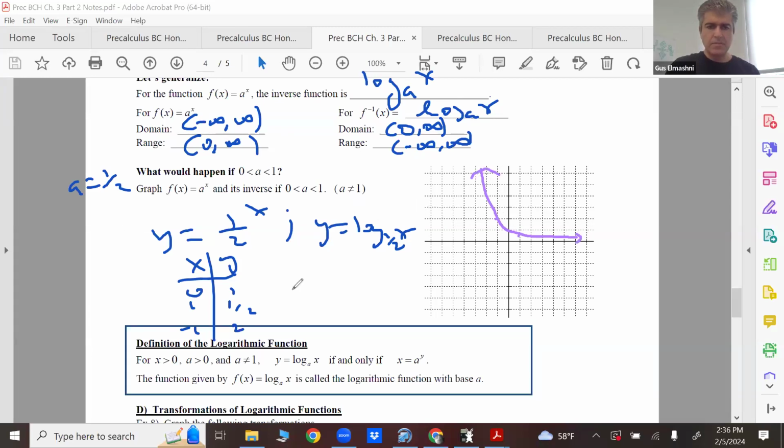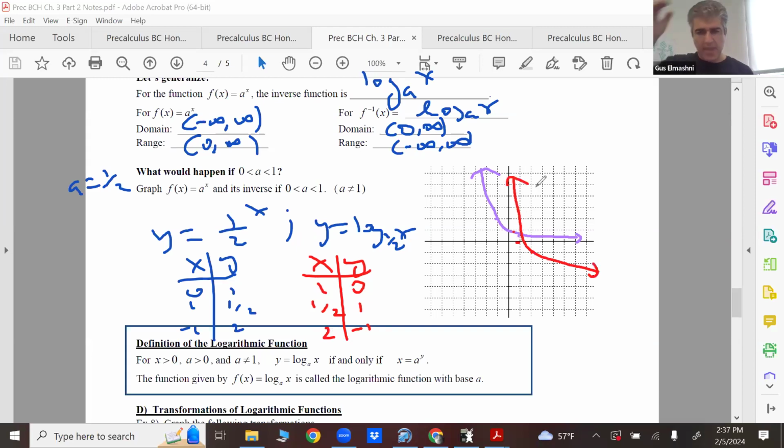So you swap. Hold on. Yeah, it's kind of weird, but it kind of looks like that.